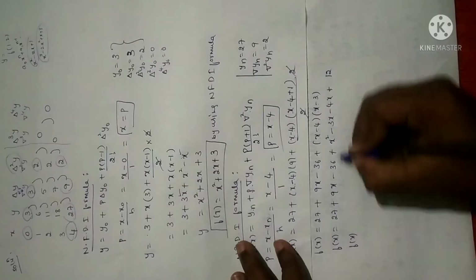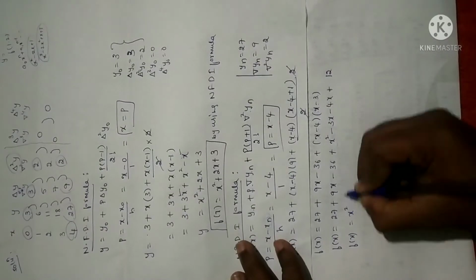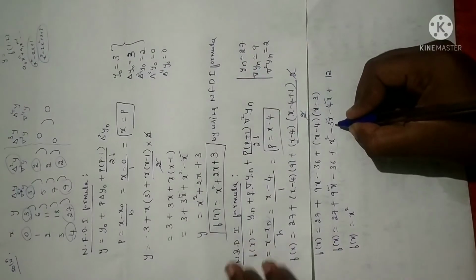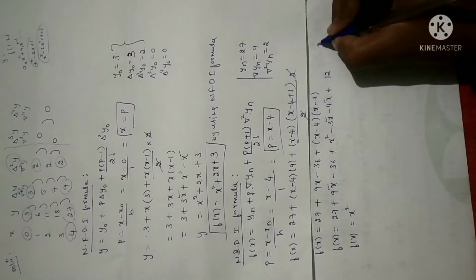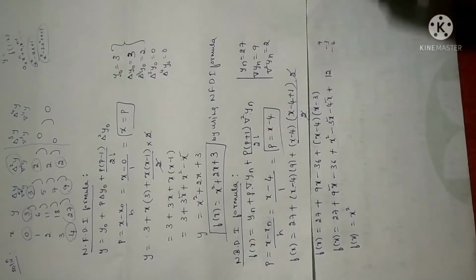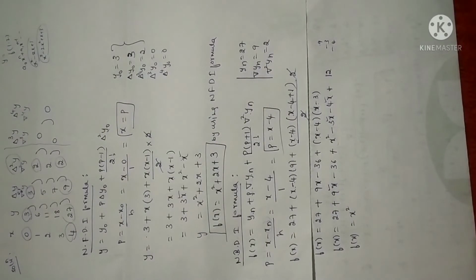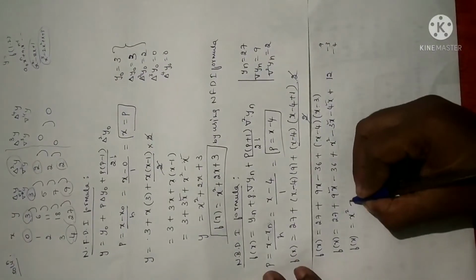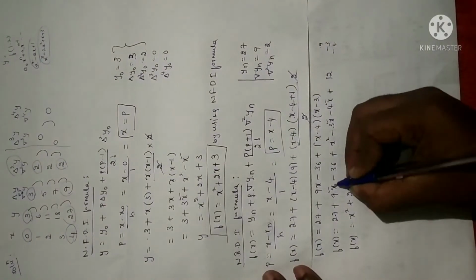Now the highest term is x square, that is the highest power, x square. 9x minus 3x minus 4x. Fine. If you are finding confusion, you can write all the numbers here, then you can simplify. So minus 3 minus 4 is minus 7 plus 9 is 2. So you will get 2x square. 2x. Why?